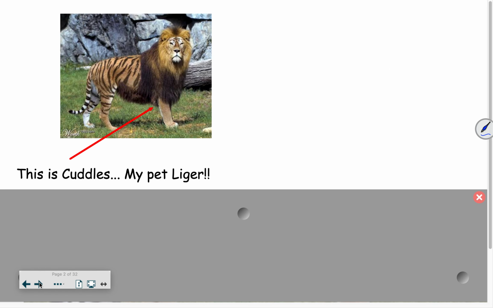Here we've got my pet liger called Cuddles. He lives out the back. Took a picture of Cuddles, and there it is on the screen for you to see. If I want to make a similar enlargement of that picture, it means I want to take the length and the breadth and increase them at the same rate.